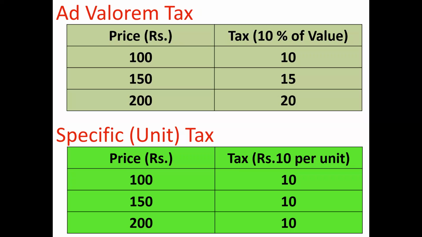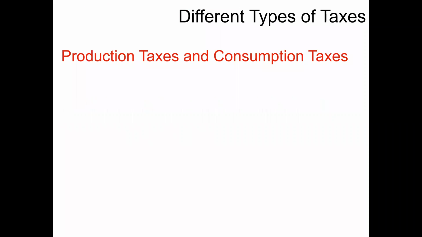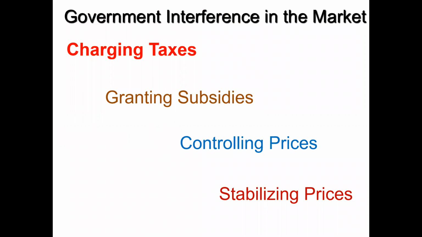Before that, write down on page number 3. On the top, there are 4 boxes. Write down there. I forgot to. Number 1, charging taxes.